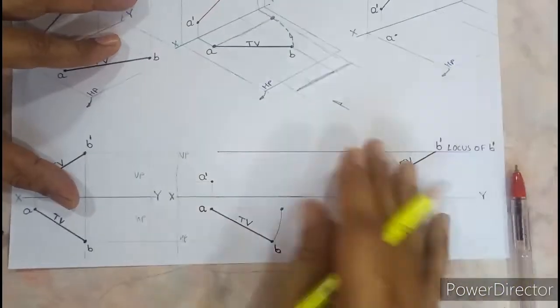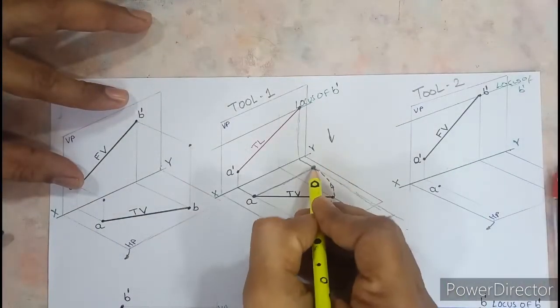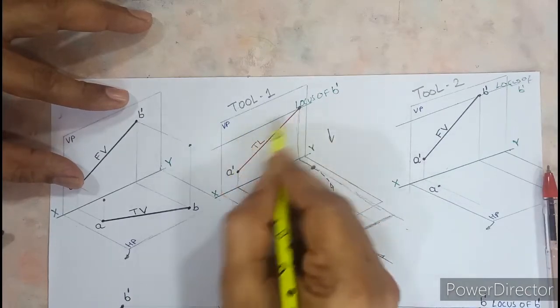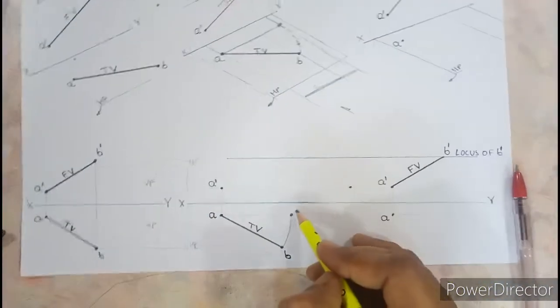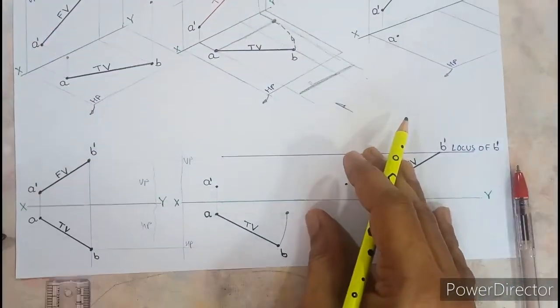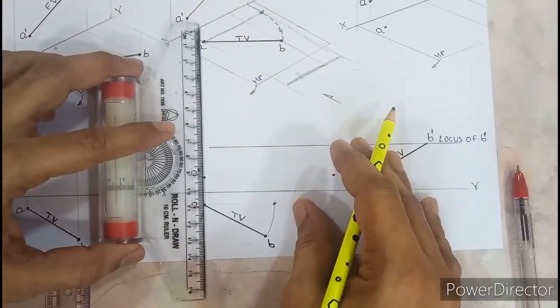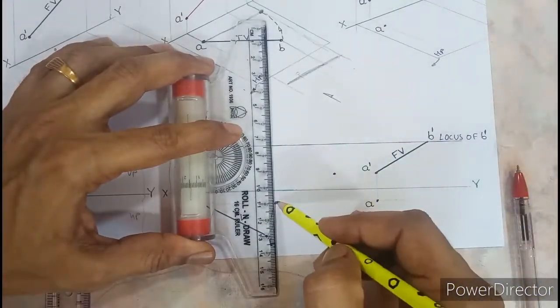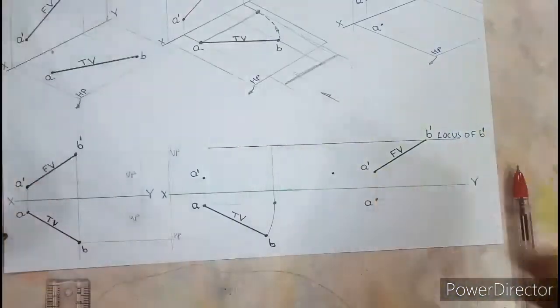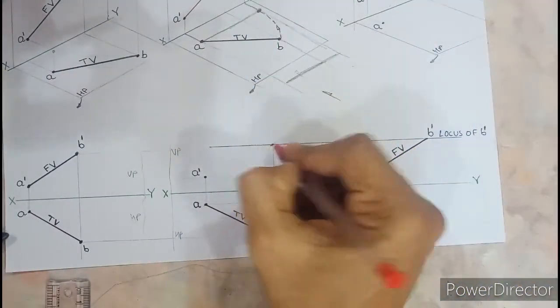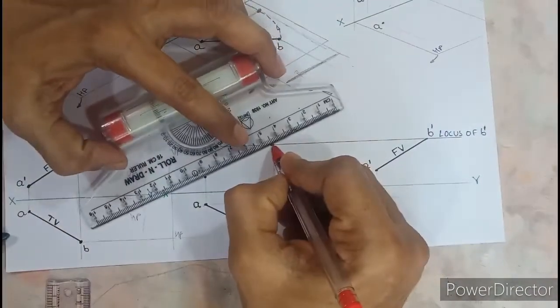Now say I've done that. What is the next step? After you reach here, you need to project this point to cut the locus of B dash. So parallel to A dash, I need to transfer this till here. After you reach here, you're supposed to join this with A dash.